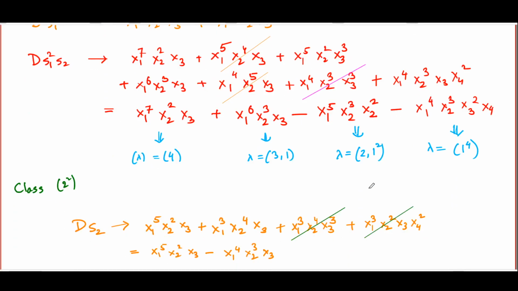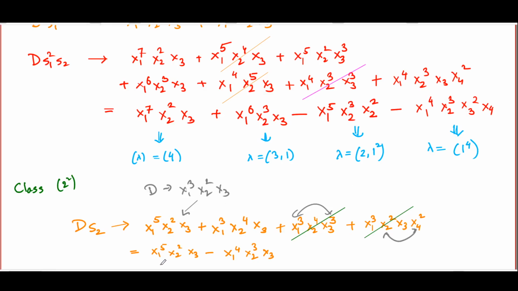Now, the next class, 2 square. For that, we start with ds2 and then multiply by s2 again. Now, d, remember, was simply x1 cube, x2 square, x3. So, x1 square gives you 5, 2, 1. x2 square gives you 3, 4, 1. x3 square will give you 3, 2, 3, but that of course vanishes, equal powers. x4 square gives you 3, 2, 1, 2, and that also vanishes because of equal powers of x2 and x4.